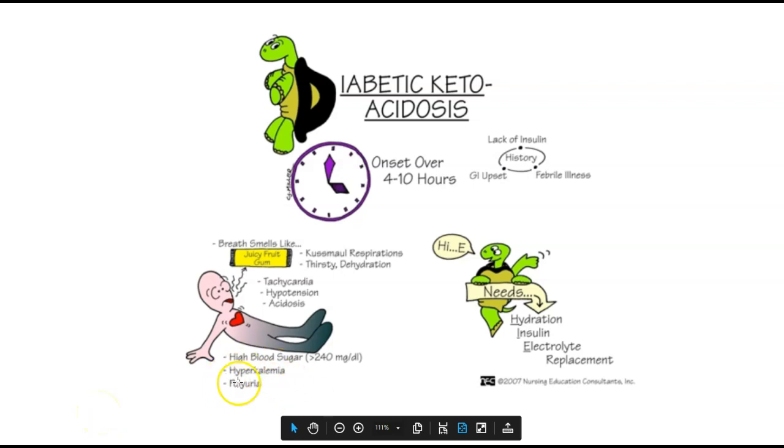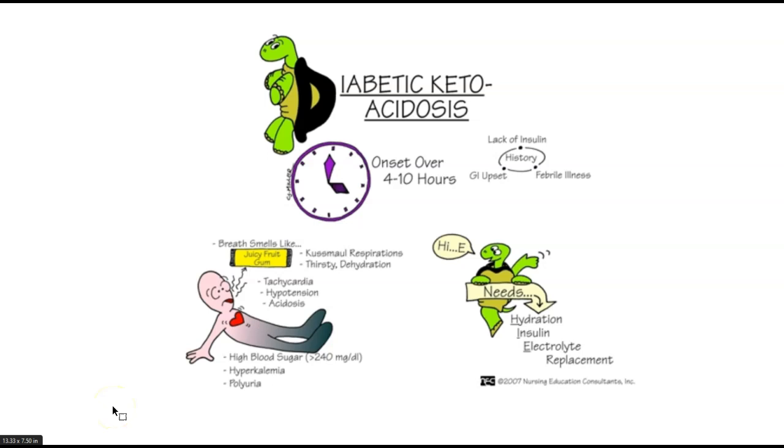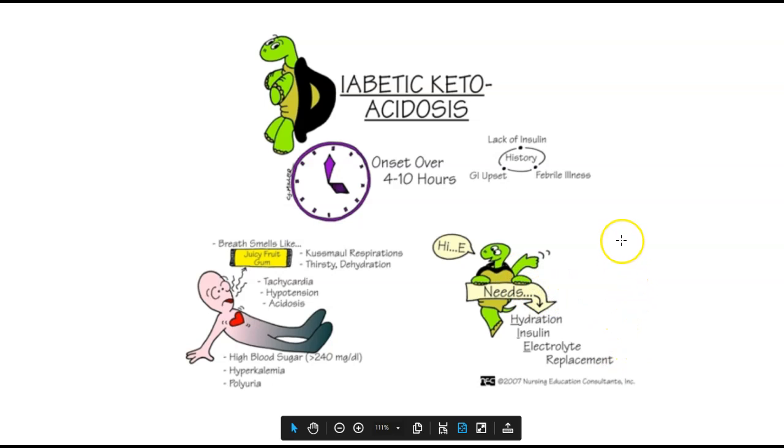Their potassium level is also really high, and they're constantly going to the bathroom to urinate, so there's a more extensive polyuria. In that case, they usually end up in a hospital, where we need to treat them with fluids, insulin, and electrolyte replacement. This is what DKA looks like.